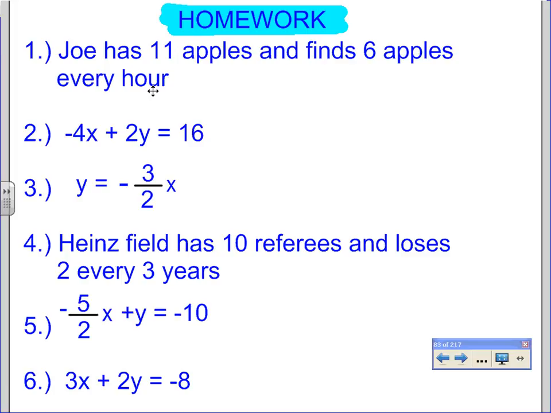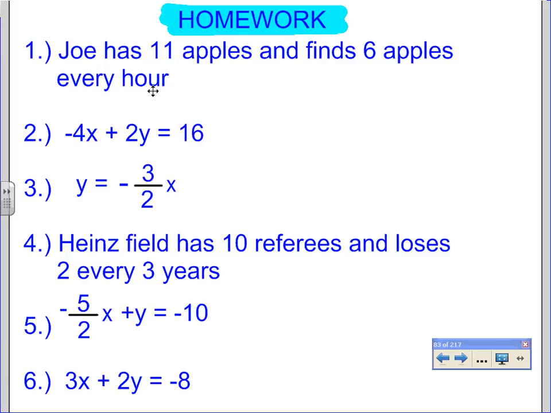Okay, number one, here's what you're going to do first. You're going to write down this scenario. You're going to write down my exciting, Joe has 11 apples and finds 6 more apples every hour. You're going to write that where it says scenario, not right now, but in a little bit. You're going to fill in the rest of the chart based on that scenario.